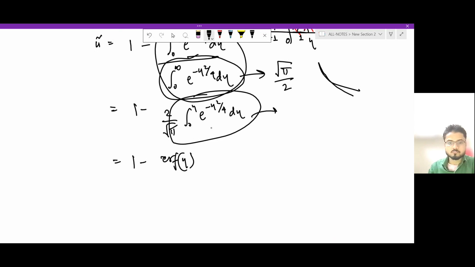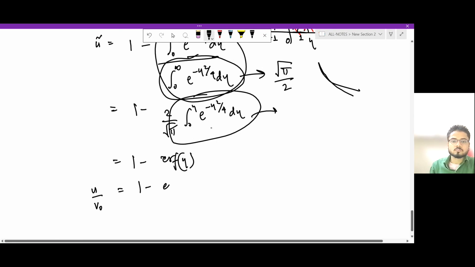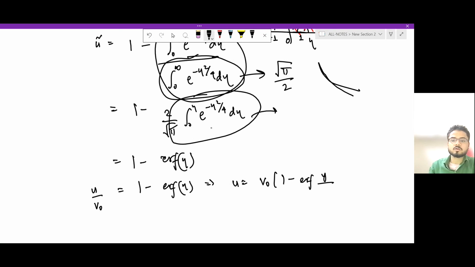So this is effectively u over V naught equal to 1 minus erf eta. So u is effectively V naught times 1 minus erf of y over root of nu t.